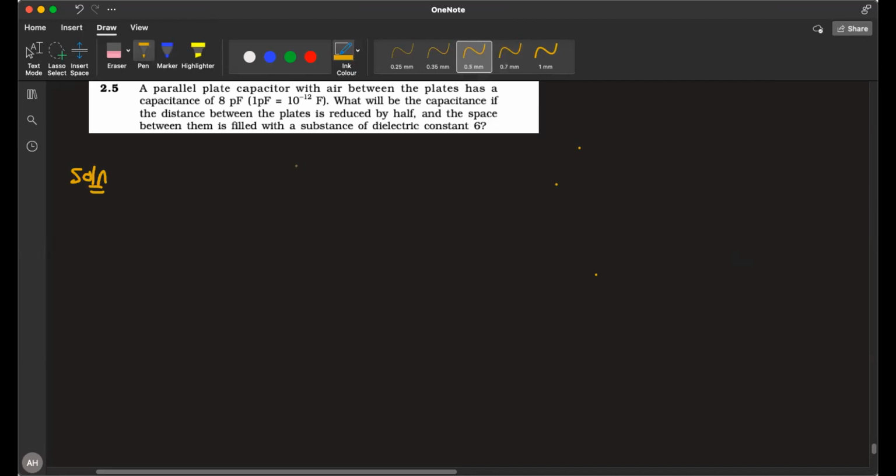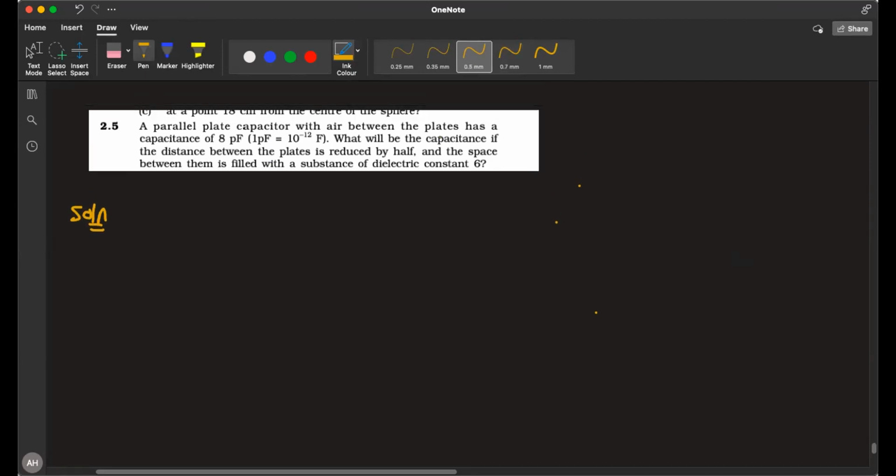Okay, see the simple calculation. You have a parallel plate capacitor with air. Sir, I've done it. Anshika, just show me your calculations. Switch on the video. Yes, it's visible. Just 1 second.